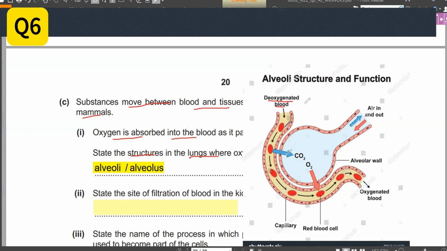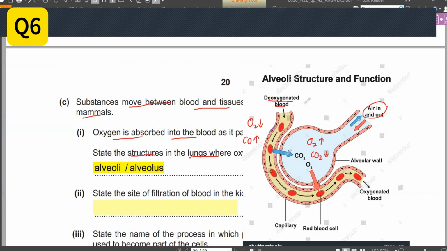The deoxygenated blood will have oxygen low and carbon dioxide high. The air in will be the air that we breathe in, so this air will have oxygen high, carbon dioxide low.